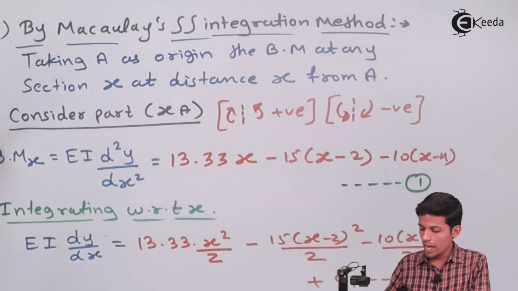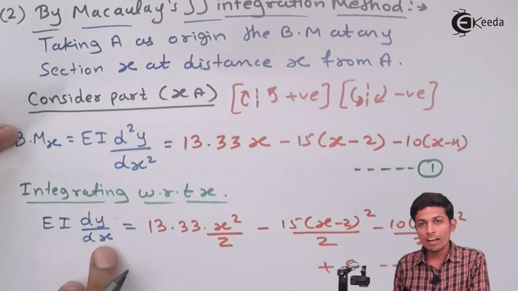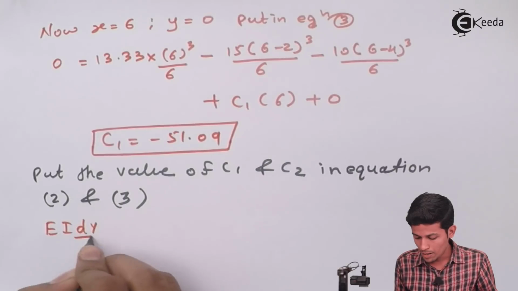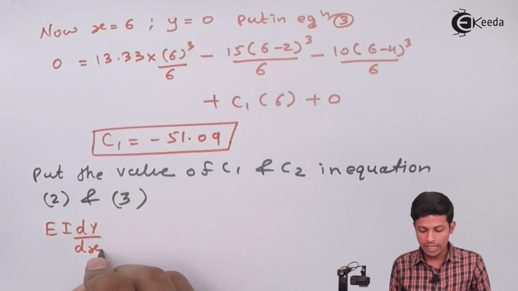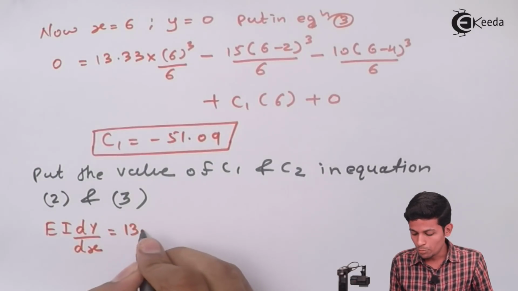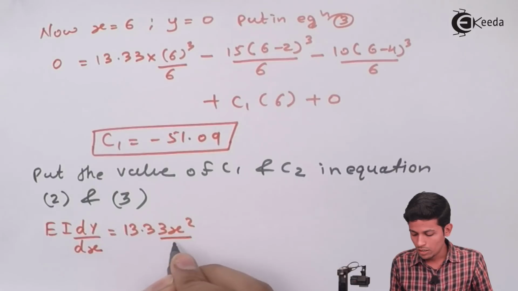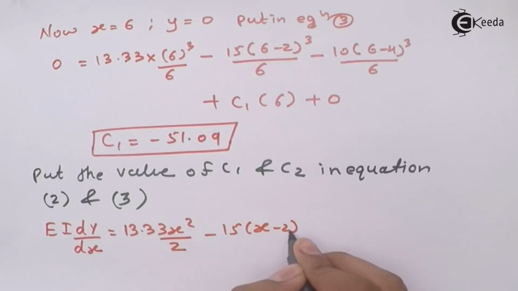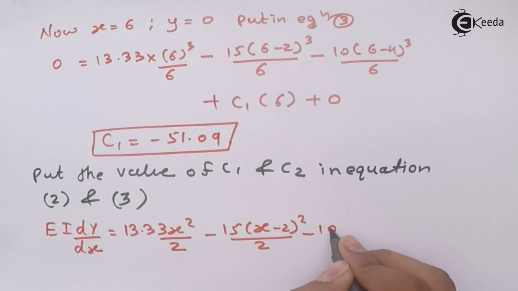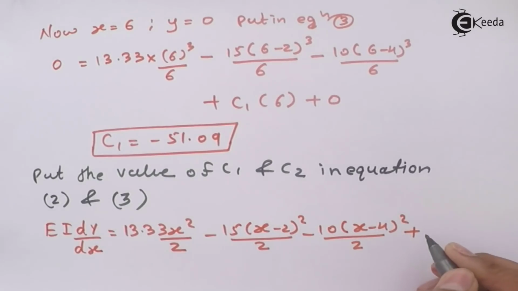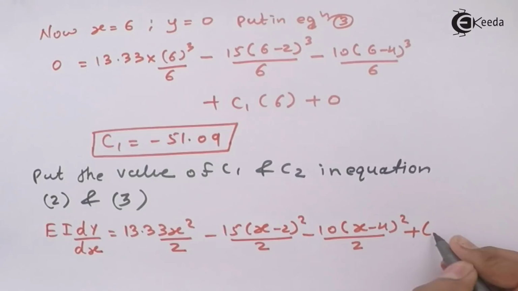What is coming over here? EI dy by dx is equal to 13.33 into x square by 2 minus 15 into (x minus 2) square upon 2 minus 10 into (x minus 4) whole square divided by 2 plus C1, and we got the value of C1 as minus 51.09.